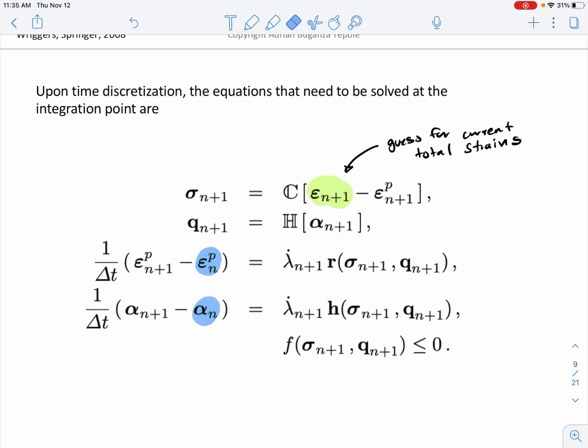So this is computed from the guess for the displacements for time n plus 1, iteration i of the Newton-Raphson.